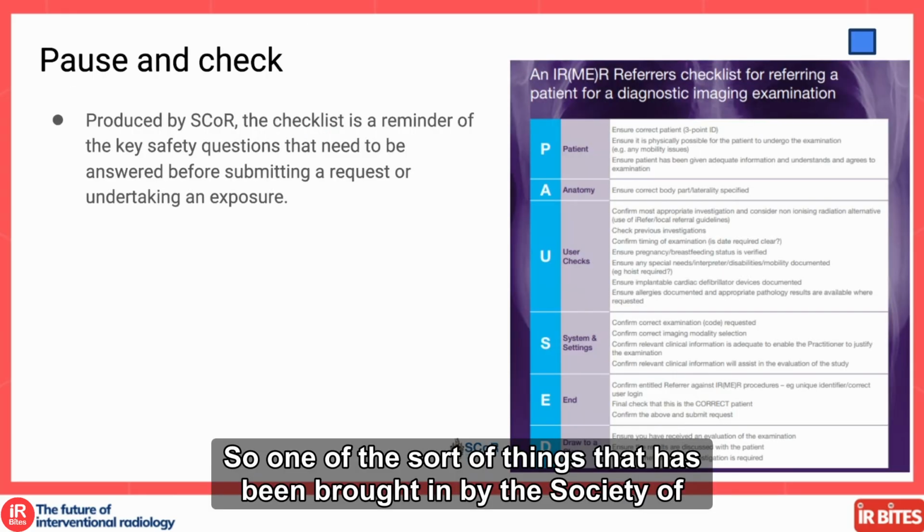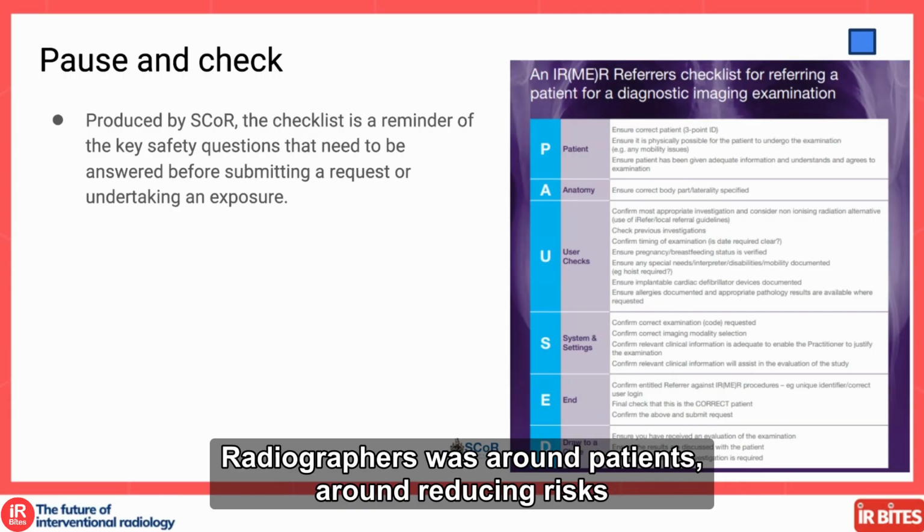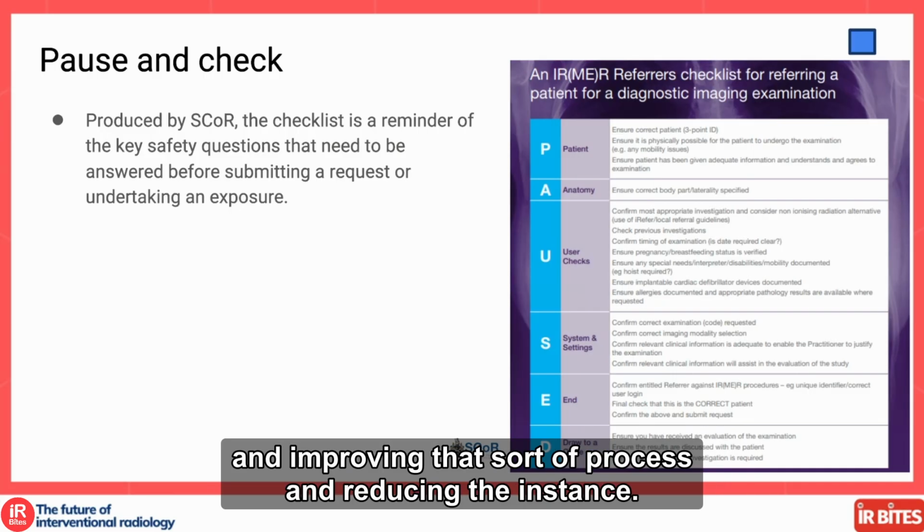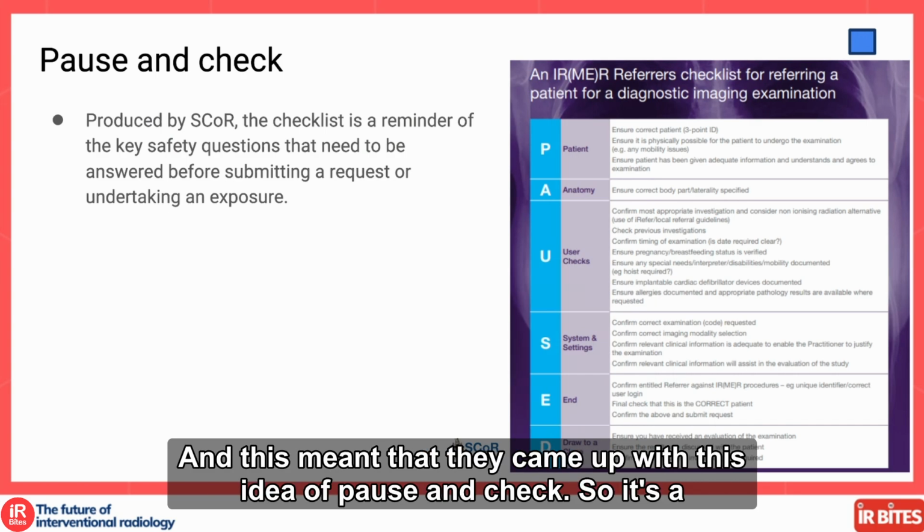So one of the things that was being brought in by the Society of Radiographers was around reducing risks, improving that process, and reducing the number of incidents. And this meant that they came up with this idea of pause and check.